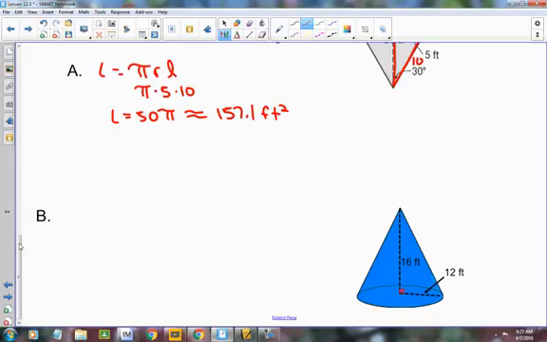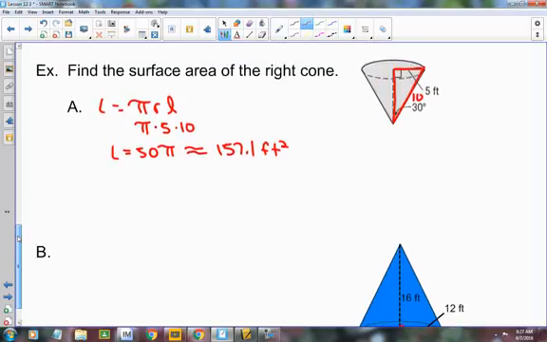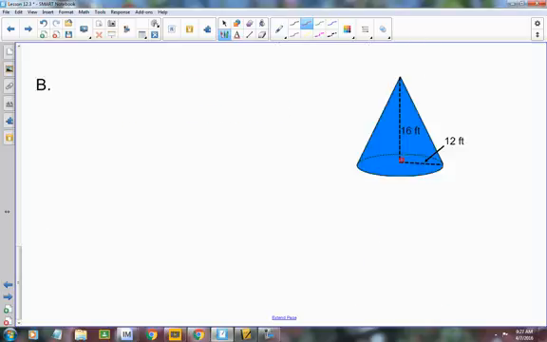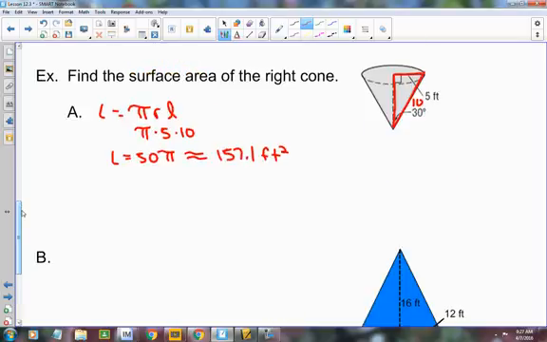Alright, any questions on that? Alright, now let's look at this cone here. We have to find what? Oh, we did. I was ready to go on to the next one. So the total would be the lateral plus the area of the base. What is the area of the base? 25 pi, right? The radius is 5, so 5 squared pi.